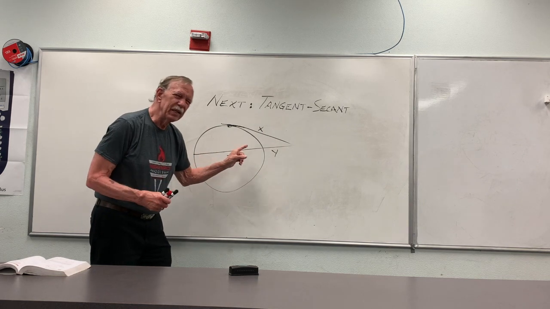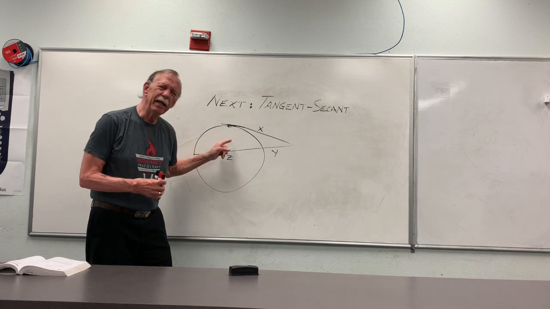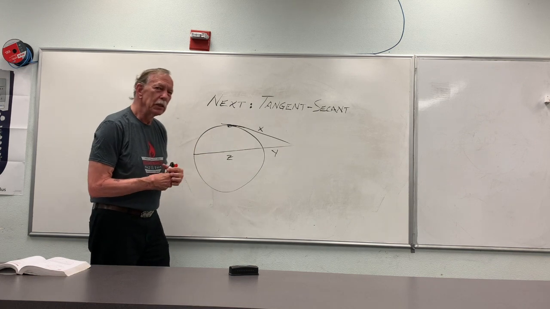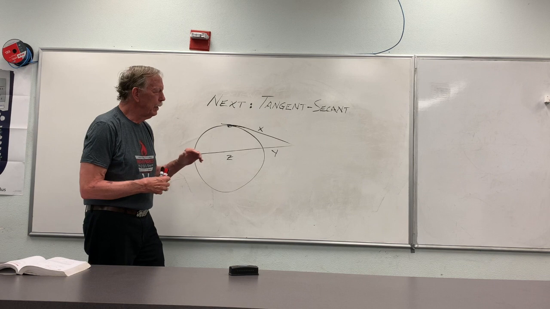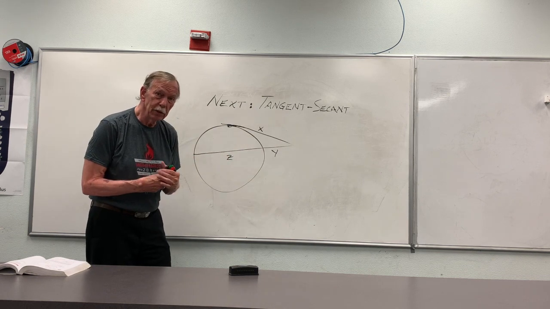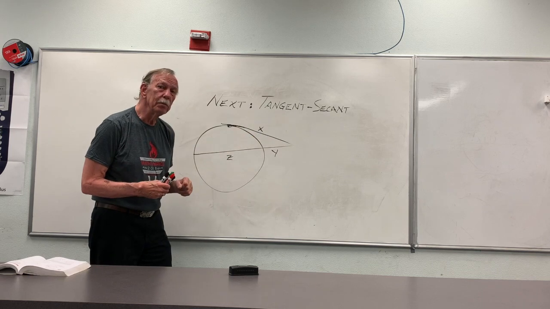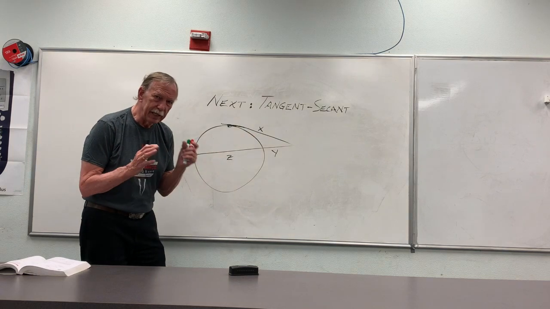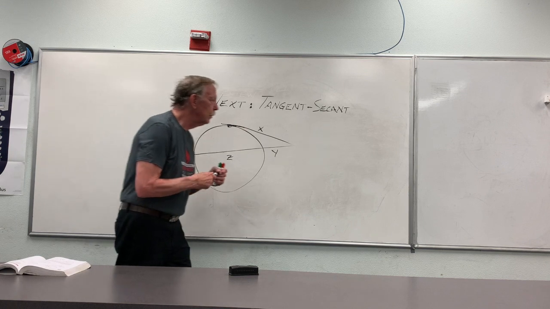Now, the tangent doesn't have two pieces. So the closest that we can come, and the logical thing to do, is to multiply this piece times itself. And that's exactly what we do.